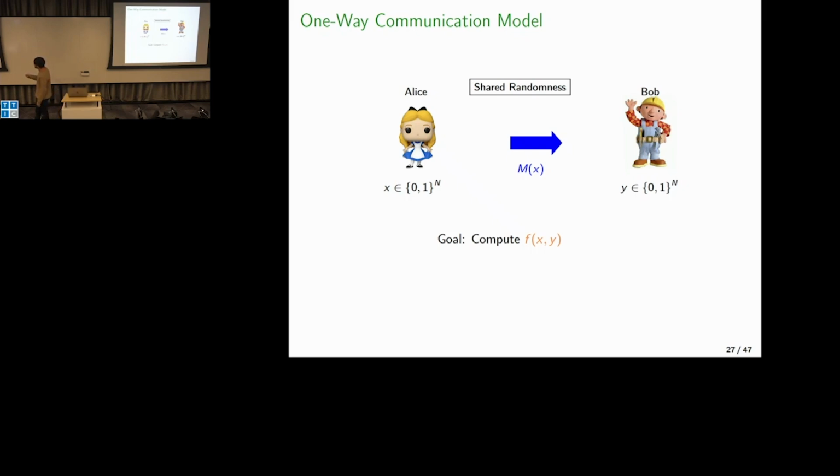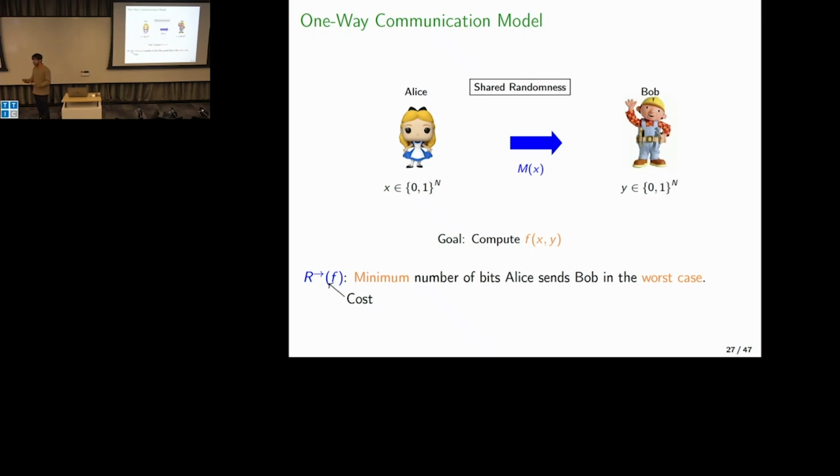Bob looks at the message and his own input, and outputs the answer. They also have access to shared randomness, so maybe there are some random bits written in the sky that both of them can look at. You should think of Alice and Bob as all powerful, but they're limited by this communication. So the cost of solving f will be the number of bits Alice sends to Bob in the worst case, and this is what you want to minimize.